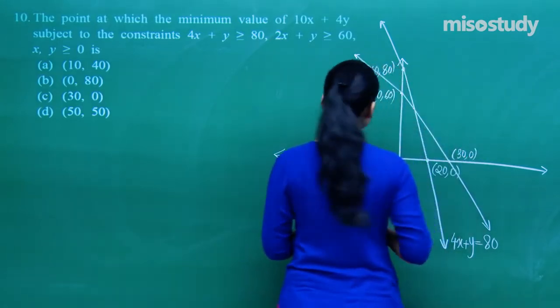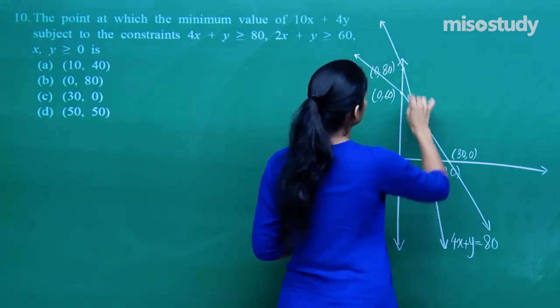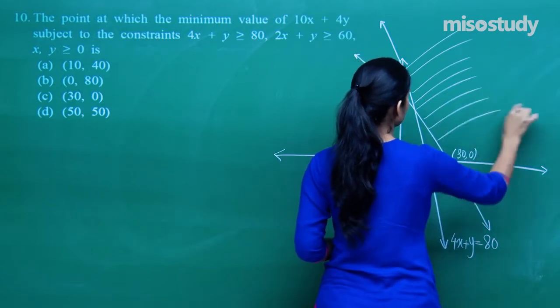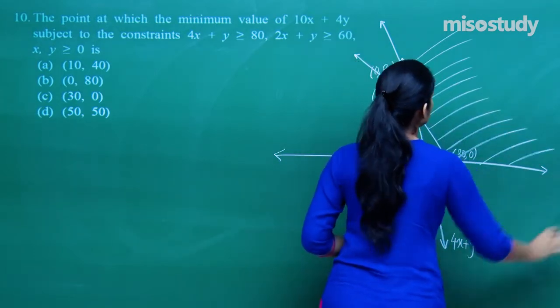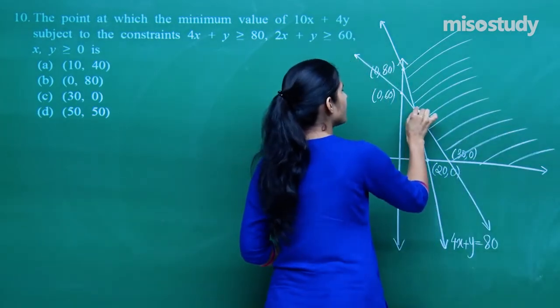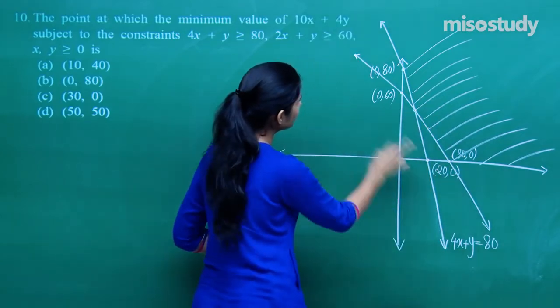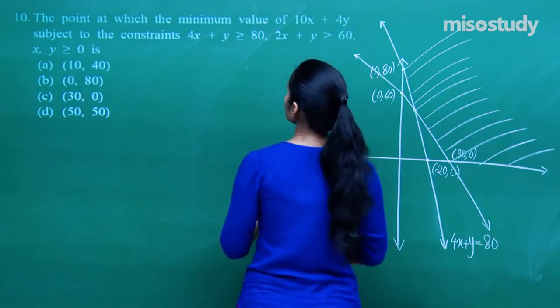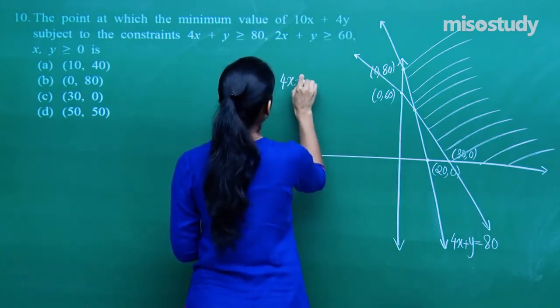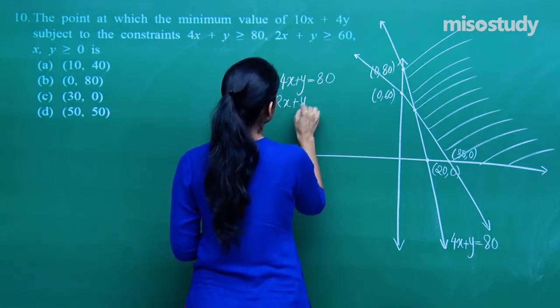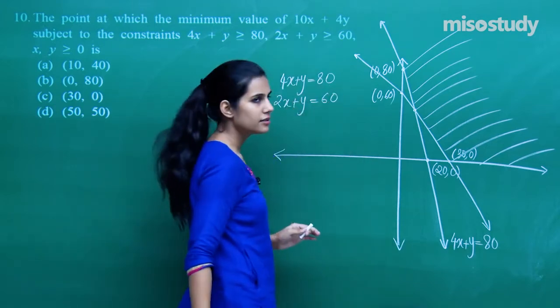When you talk about the common region, you get this unbounded region in the first quadrant. Obviously, one of the points to consider is the intersection point of both constraints, 4x plus y equals 80 and 2x plus y equals 60.